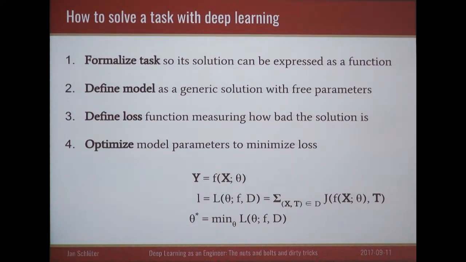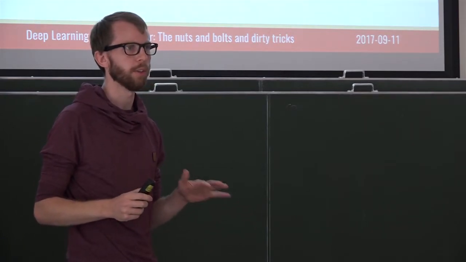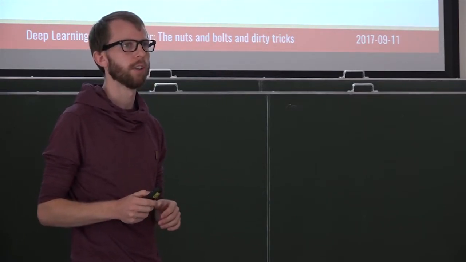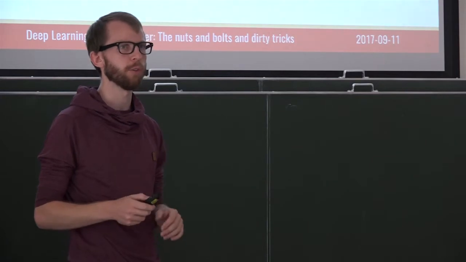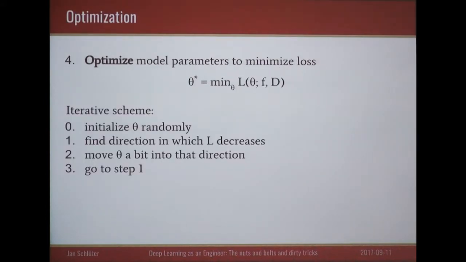So now we have everything in place. Now we just need to optimize this to find the parameters that minimize our loss. And in calculus, you learned that you would take the gradient of the loss function, set it to 0, and solve for the parameters. This doesn't work for these kinds of functions because they are non-convex and very complicated.